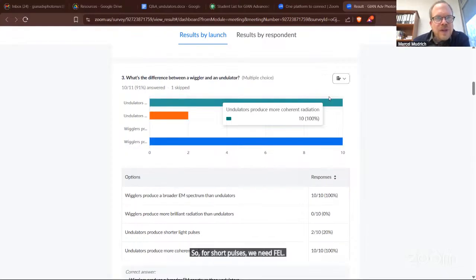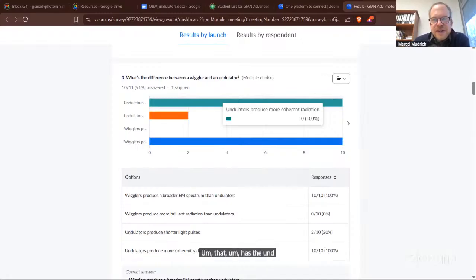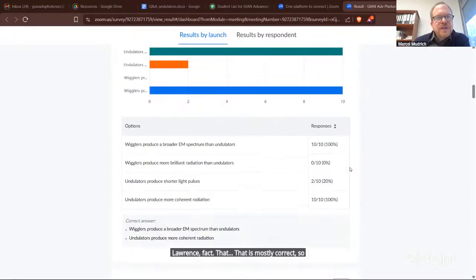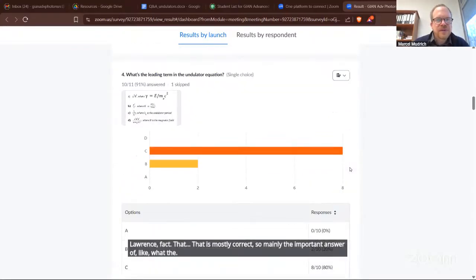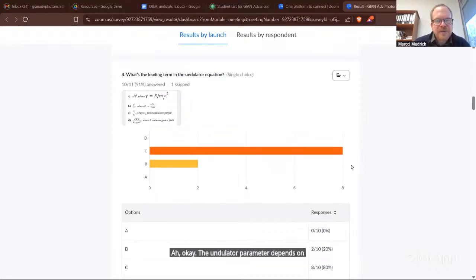And the leading term, I think most people did it right. Some people picked the theta term, but the leading term definitely is the one that has the undulator wavelength and the gamma squared Lorentz factor. That is mostly correct. The important answer for what the K, the undulator parameter, depends on is the magnetic field.